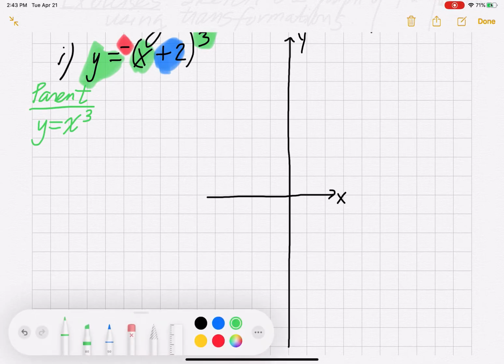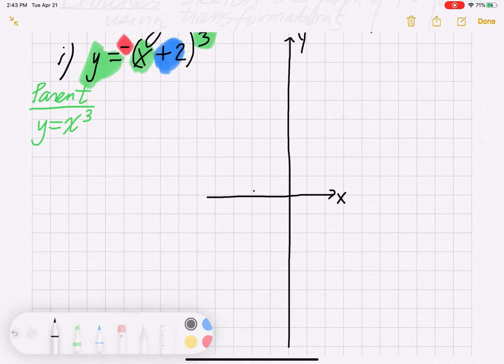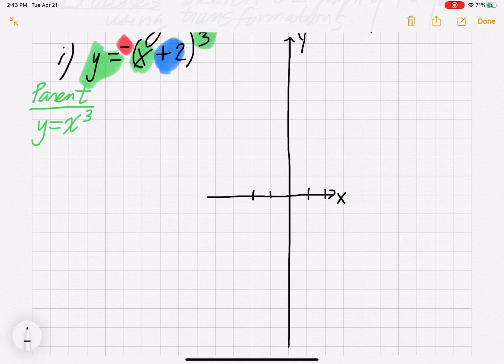The cubing function has 5 key points we want to be familiar with. This will be negative 2 here, positive 2 here, negative 1 here, positive 1 here. And on the negative y-axis, negative 1, 2, 3, 4, 5, 6, 7, negative 8. And on the positive y-axis, 1, 2, 3, 4, 5, 6, 7, 8.